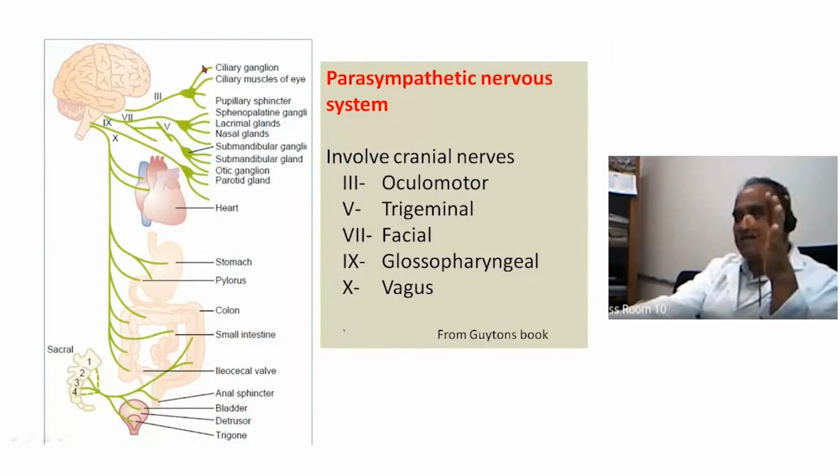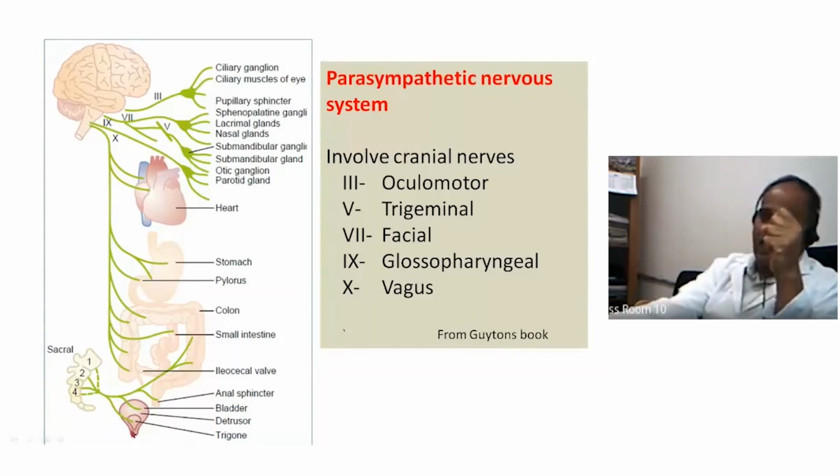This is about the parasympathetic component. Now you can see that this governs the anal sphincter here. It governs even the detrusor muscle, and that means it governs the sphincter vesicae. So there are three important structures in the pelvic area.